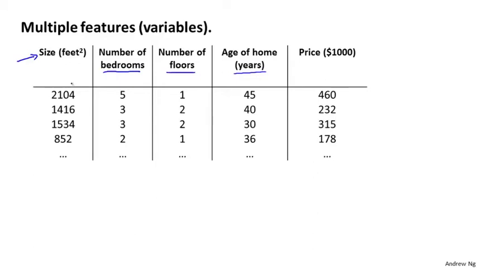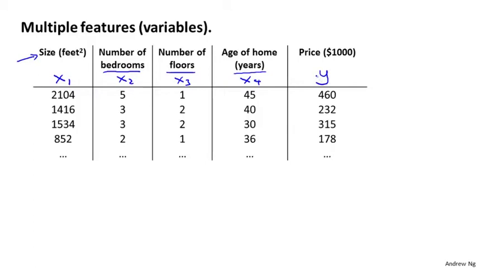To introduce a little bit of notation, and we sort of started to talk about this earlier, I'm going to use the variables x subscript 1, x subscript 2, and so on to denote, in this case, my 4 features, and I'm going to continue to use y to denote the output variable, the price, that we're trying to predict.